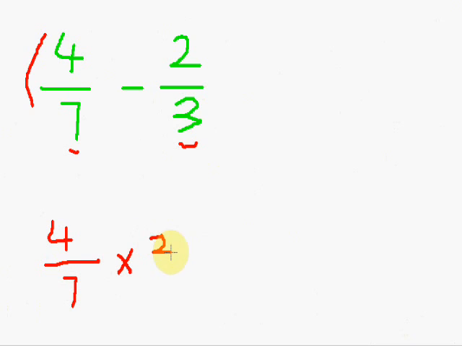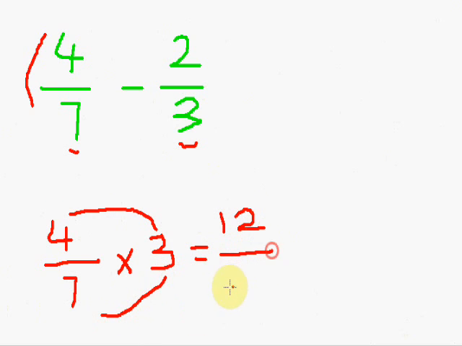You have 4 sevens, and you're going to multiply it by the denominator in 2/3, which is 3. So we have 4 3s are 12, and 7 3s are 21. So you're going to multiply both the numerator and the denominator by 3. We get 12 over 21. Then we do the same thing with the 2/3.